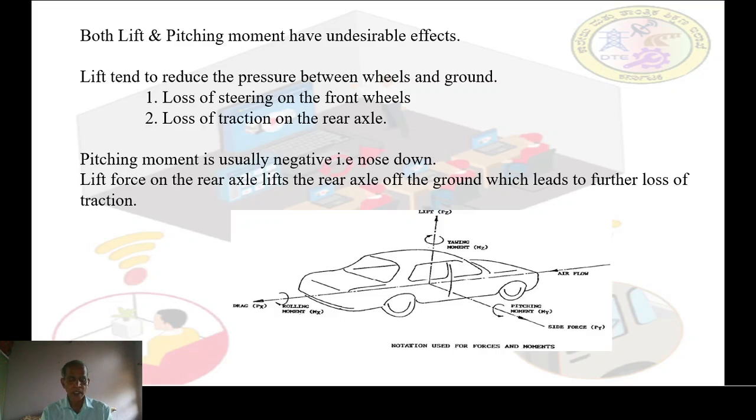CG will usually be lying at the front side. From CP to CG the distance e is there. In the front view, Py and Pz are represented, and the distance between CP and center of gravity is Ze.